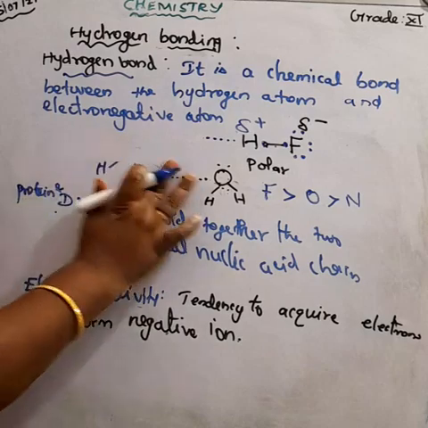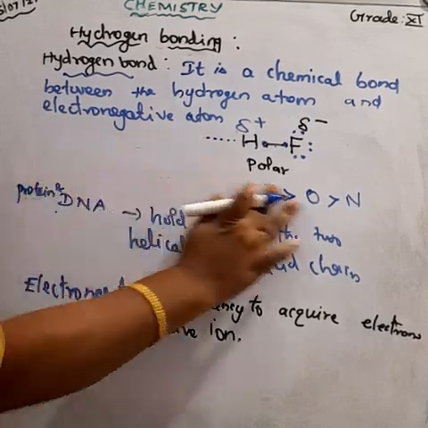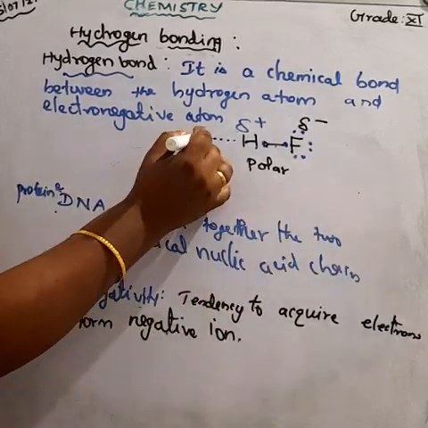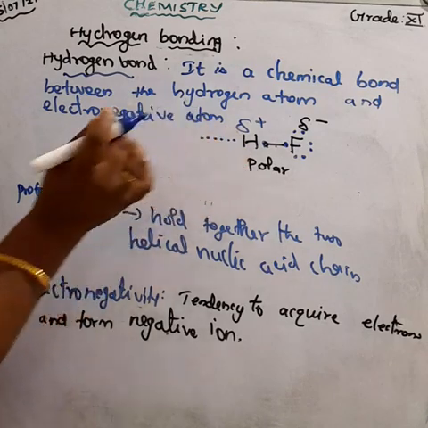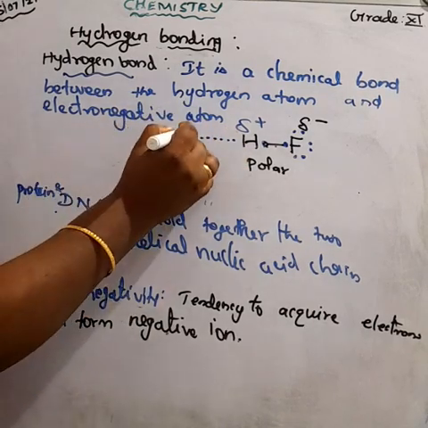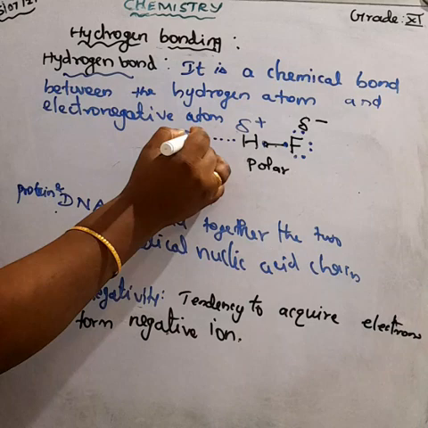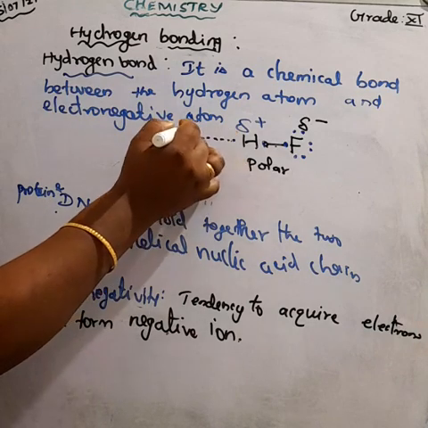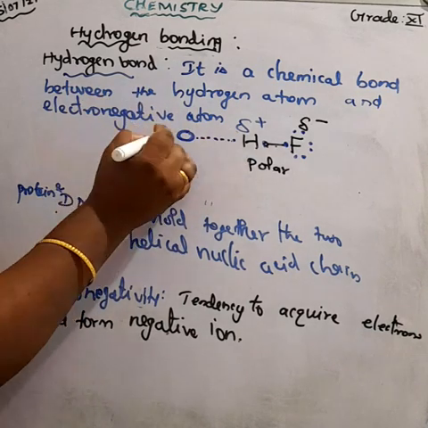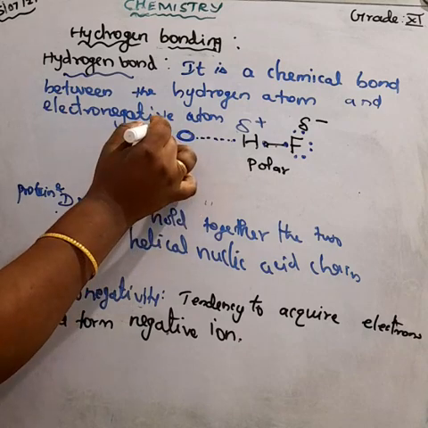This polarized hydrogen atom is able to form a weak electrostatic interaction with another electronegative atom present in the vicinity. For example, this is hydrogen fluoride. Here this hydrogen is polarized now.